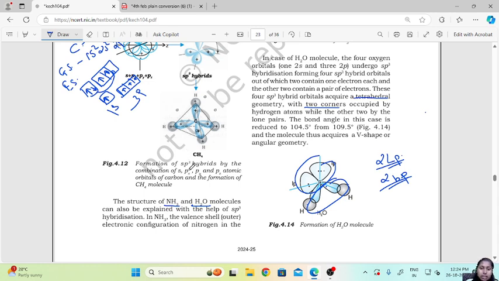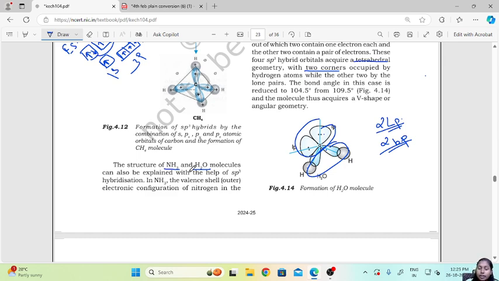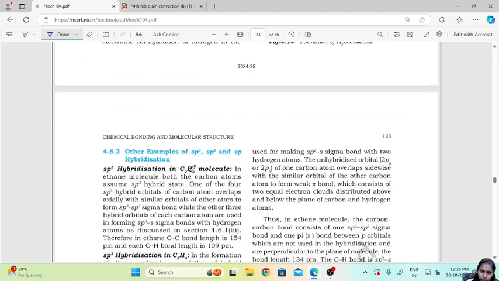The bond angle is again decreased to 104.5 degrees. Again, the reason is the same: the lone pair-lone pair repulsion is more than the lone pair-bond pair repulsion, hence giving rise to the decrease in bond angle.